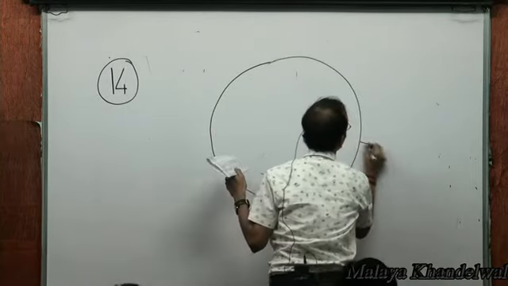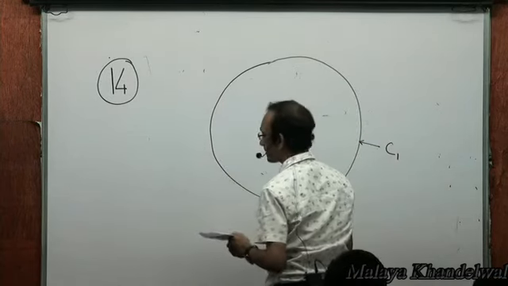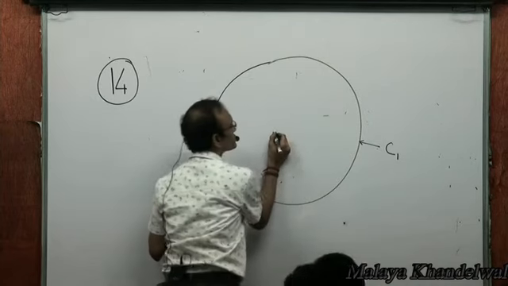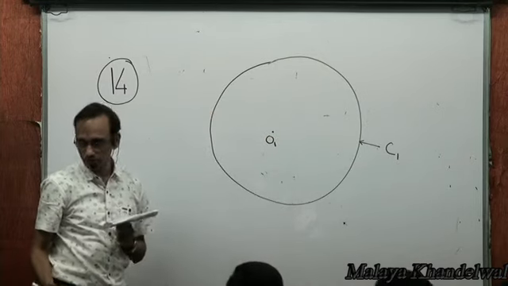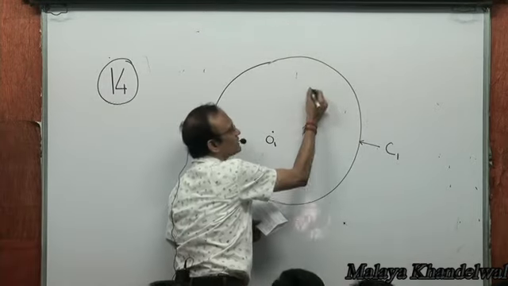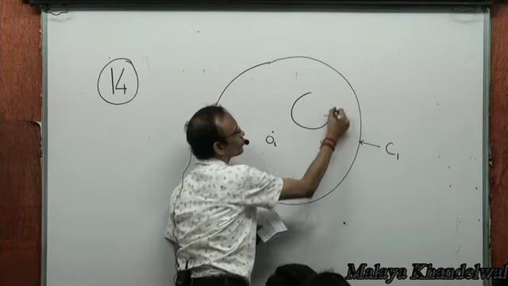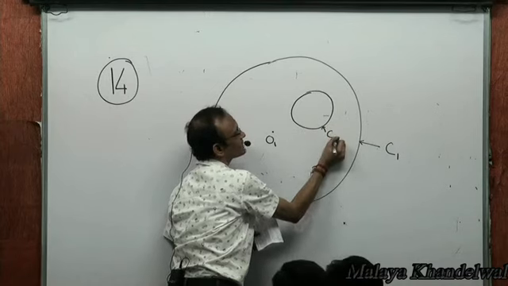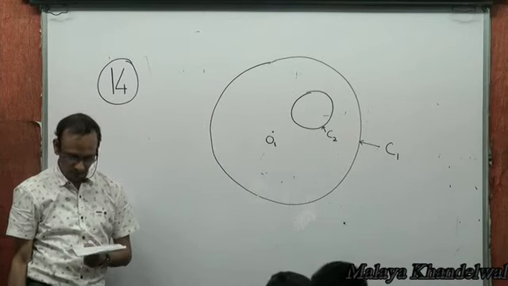Circle C1, right? And C2 inside, and let's say the center of C1 is O1. And then there is another circle C2 which lies wholly inside C1.